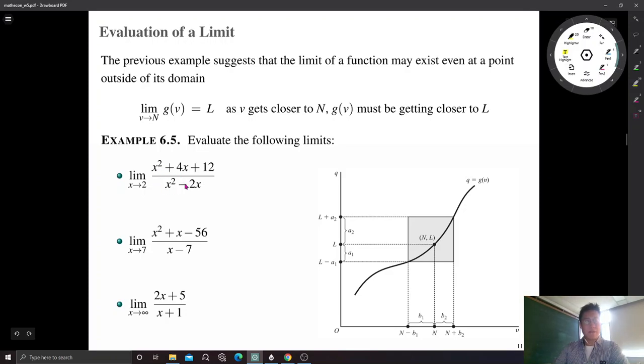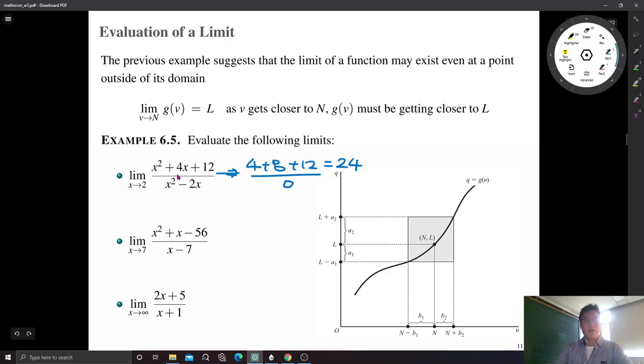But for this example, as x approaches 2, the numerator is approaching 4 plus 8 plus 12. So that is a non-zero number, 24. But the denominator is approaching 0, right?